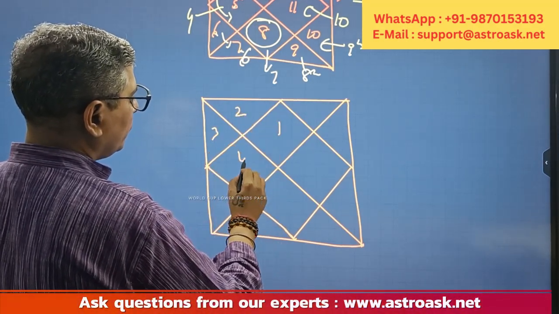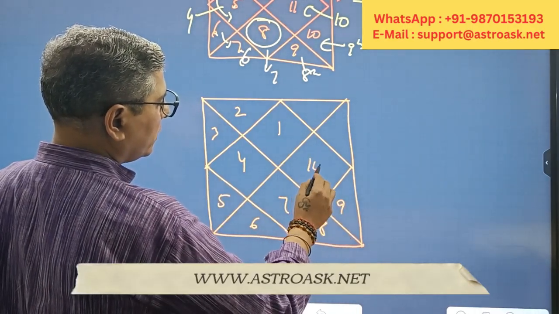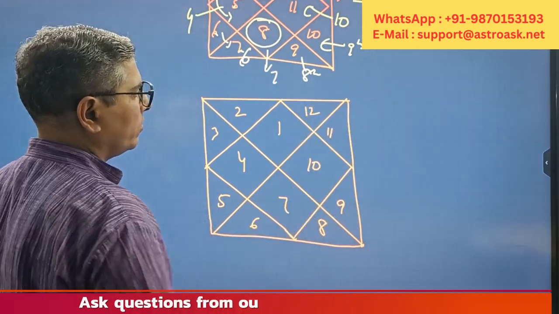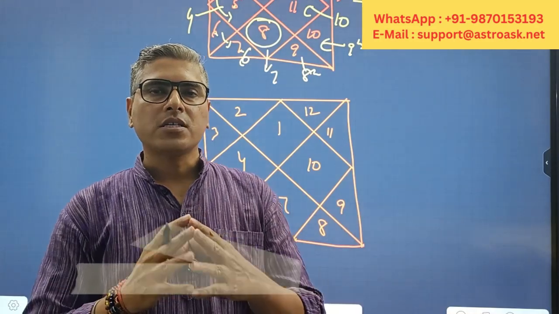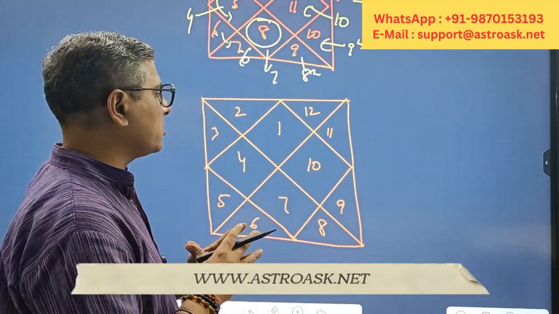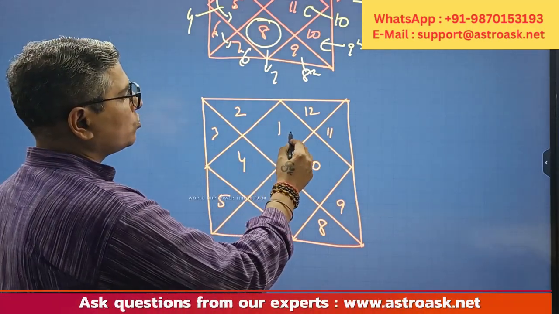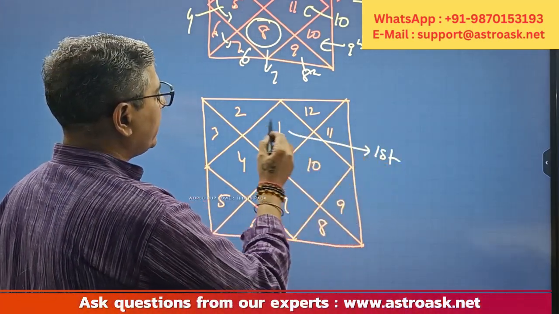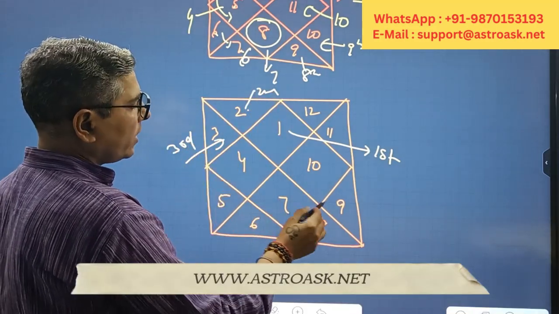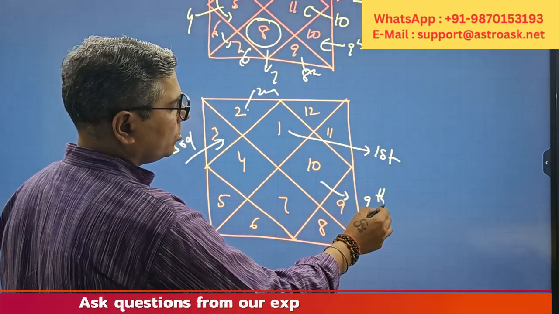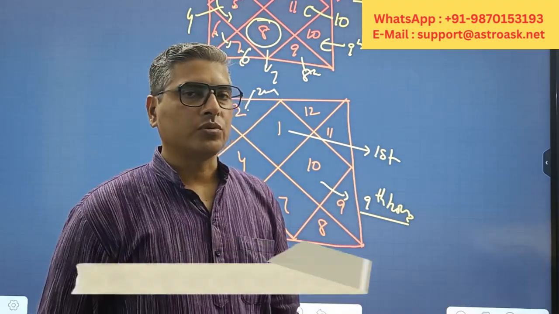Now 1, 2, 3, 4, 5, 6, 7, 8, 9, 10, 11 and 12. So we have written the number 1 in the first house. Here it is very, very easy. You must have seen a few birth charts where 1 is written in the first house only. So this is your first house here, and 2 is written, this is your second house, and this is your third house here. In a similar way, this is your 9th house here.